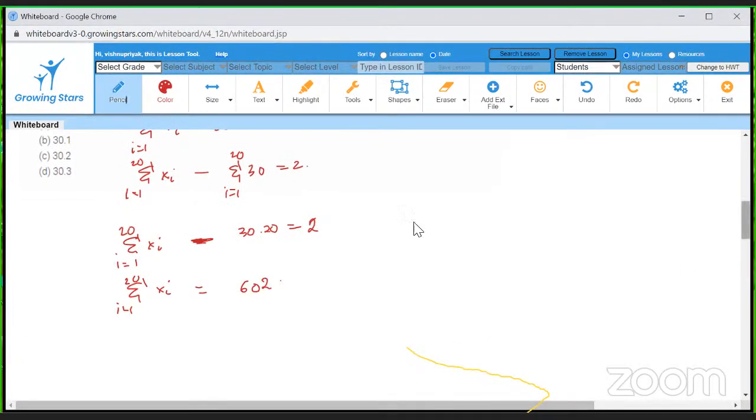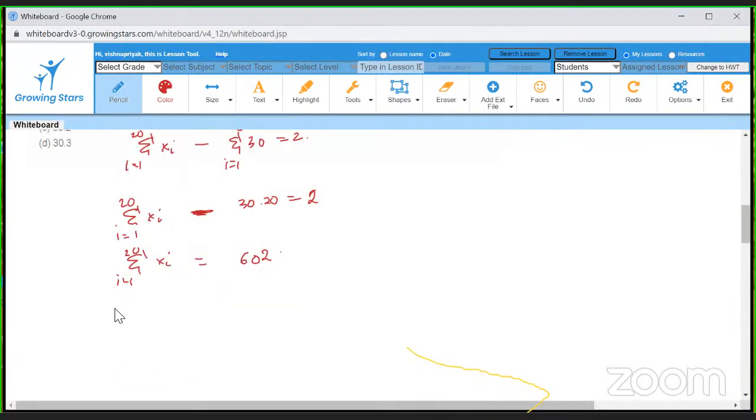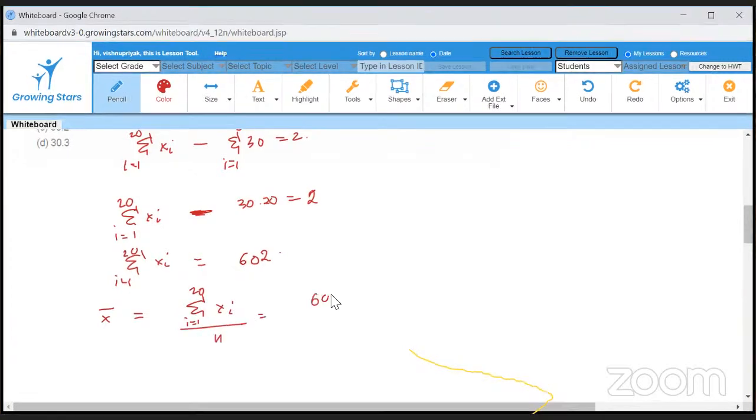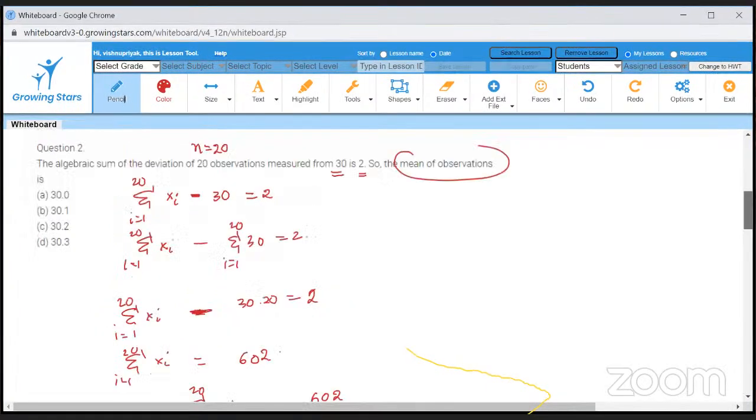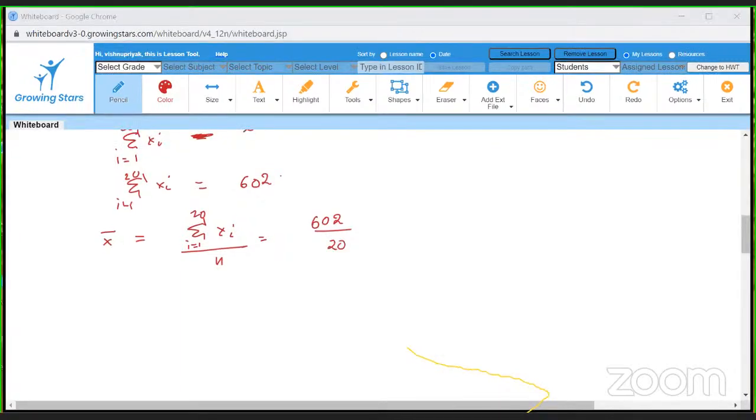But they're asking us to find the mean. What is the formula for mean, x bar? You will add all the xi's and divide by n. Adding all xi's, we got 602. And n, the number of observations, we got 20. So 602, you are dividing by 20.